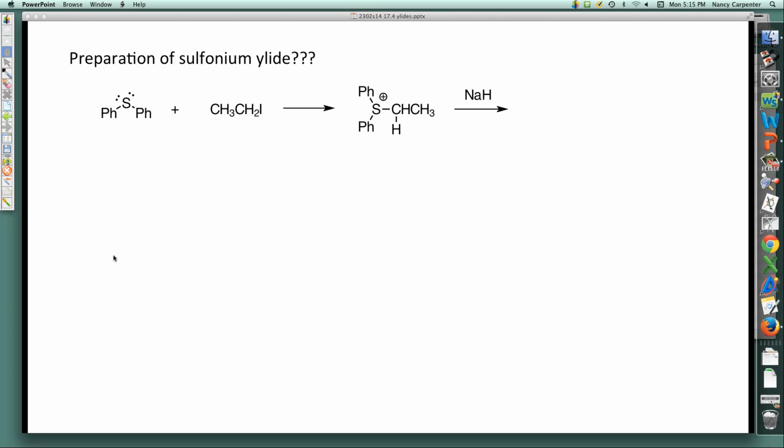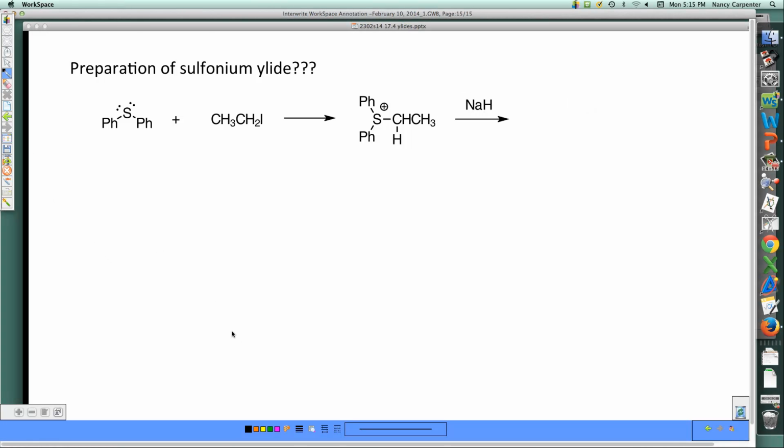Alright, stands to reason we should learn how to prepare sulfonium ylides, and that is exactly the same as phosphonium ylides. It's again just an SN2 reaction. Reaction at the electrophilic carbon, kick out the iodide leaving group.